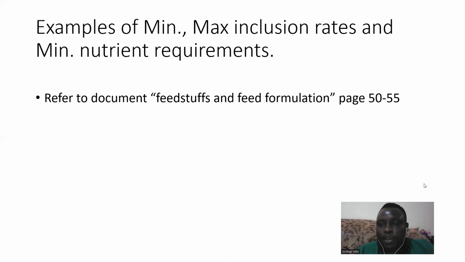Go to pages 50 to 55 of that document, which was prepared by PTS Plus, which is now RS. We acknowledge and thank that institution. In that document, you look at different maximum inclusions. I can show you briefly.